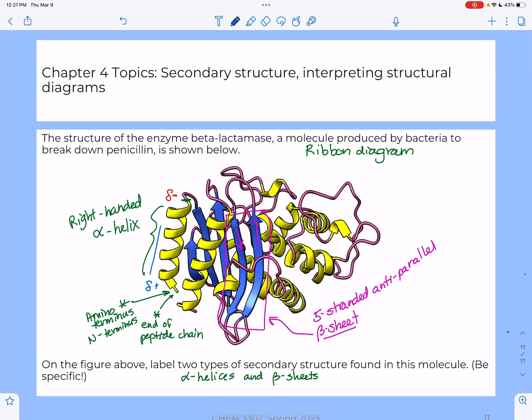And so my helix dipole would be pointing in this direction. So this is the helix dipole. All right, so that's, I think, about as much as we're going to get from this ribbon diagram at this time. And so we're going to stop there.